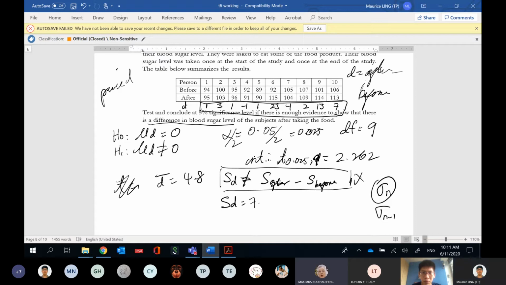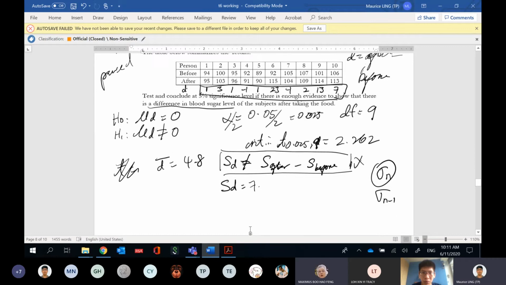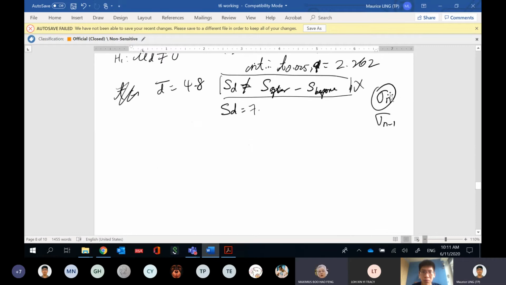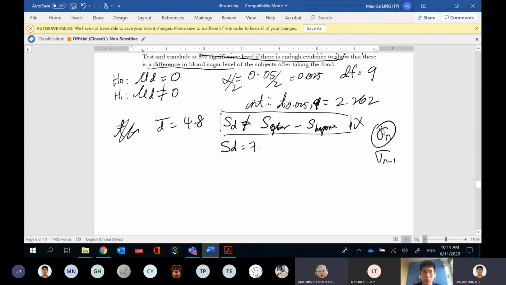I don't know how to do that. You're pressing the wrong button on your calculator. Because I do not know what your calculator is, I cannot help you, even if I know your calculator.